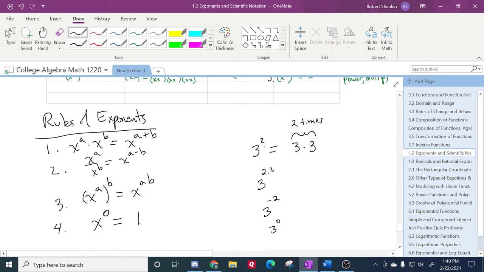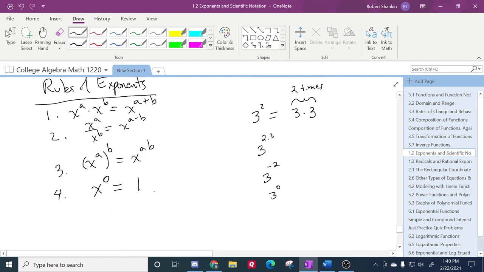I kept trying to impose this idea onto this, and it kept making this not make sense to me, and I had a hard time remembering it. So, what helped me with this was, and right after this, we're going to get into negative exponents as well. So that's rule 5.